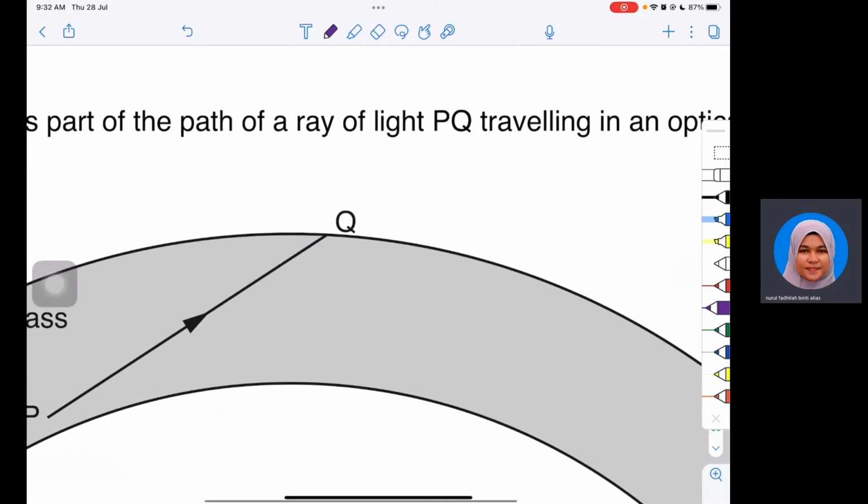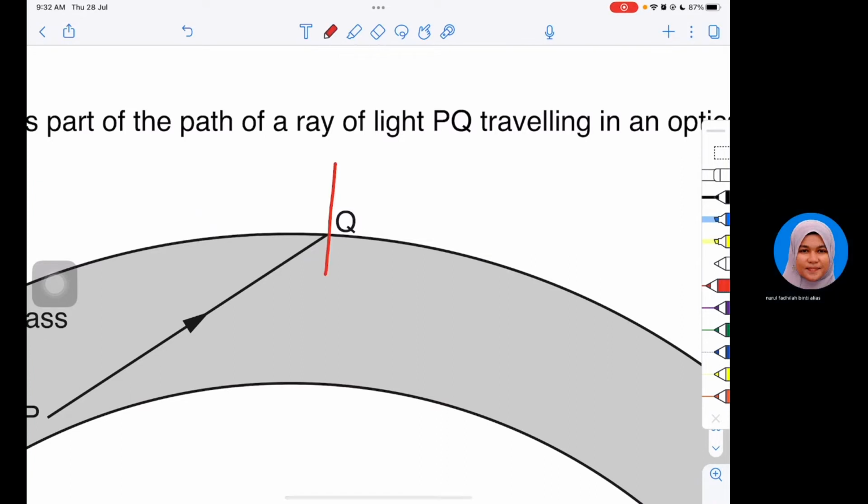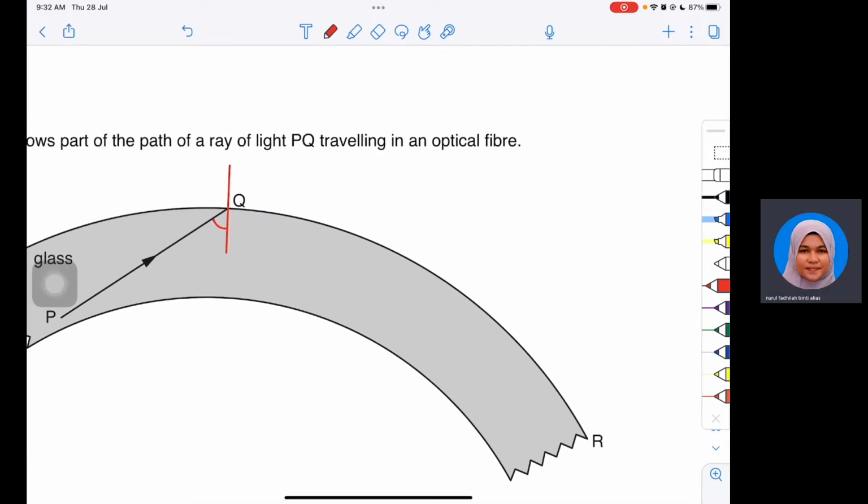So where is the, use your ruler, draw the normal line. Okay, somewhere there. So this is the angle. I want the angles to be similar. If possible exactly the same, but with the naked eye we see roughly the same.